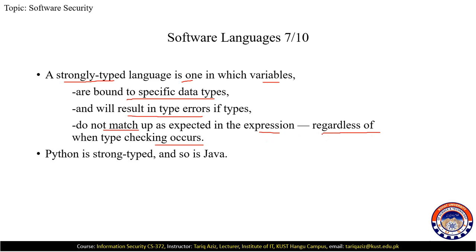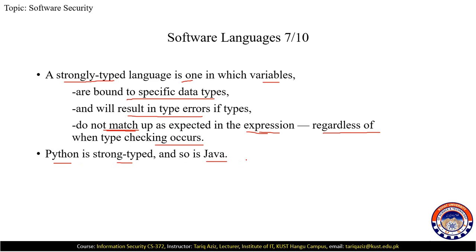Bear in mind that it doesn't have to do with when type checking occurs; if there is a mismatch in the expression with respect to types, then an error will be generated. For example, Python is a strongly typed language, as well as Java.